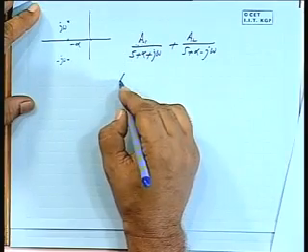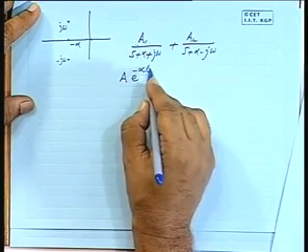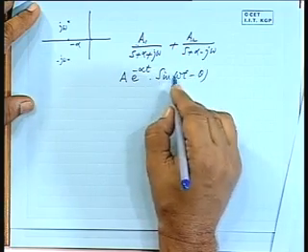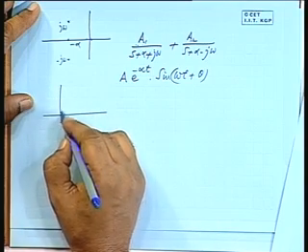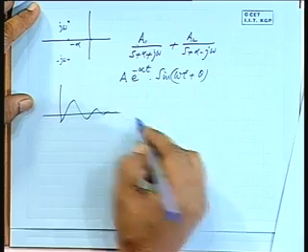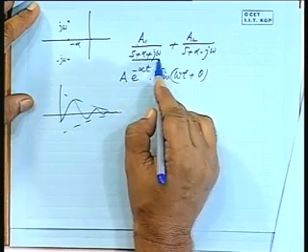So, if I combine them together, they will be giving rise to some e to the power minus alpha t sin(omega t plus theta). So, that will give me a response like this, which will be dying down if it is in this form.